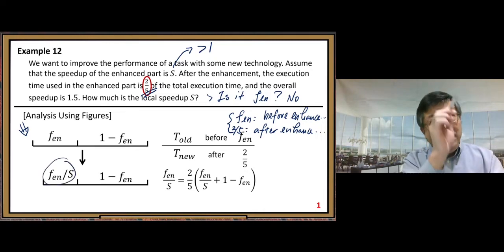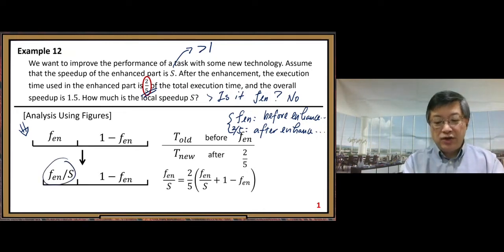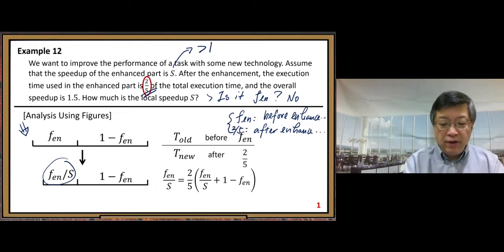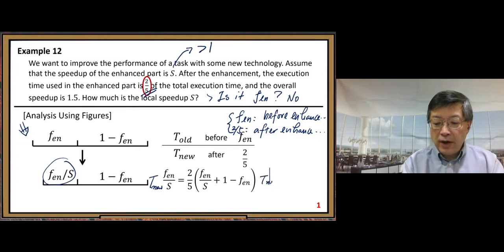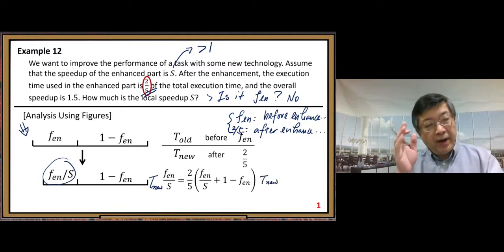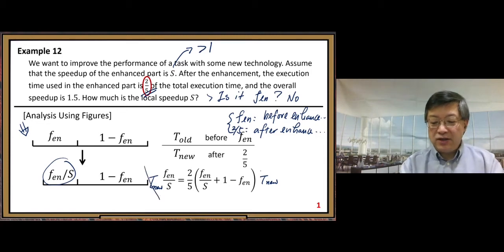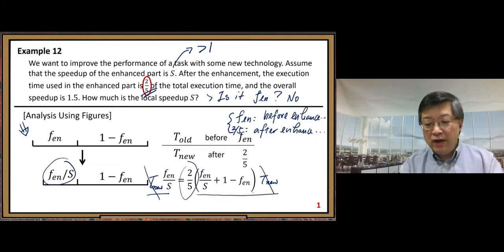So the time used for the enhanced part is FEN over S. Although sometimes people may feel we should multiply both sides by T new, so you can understand a little better. Then we do cancellation.